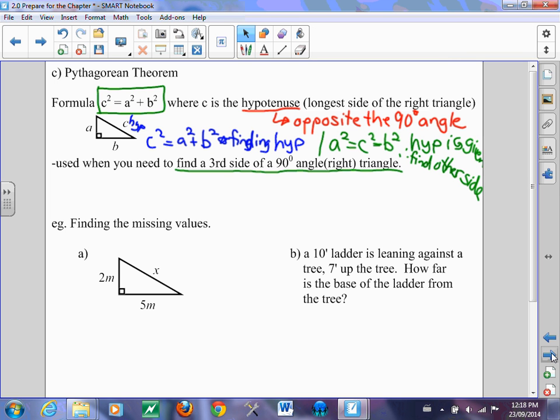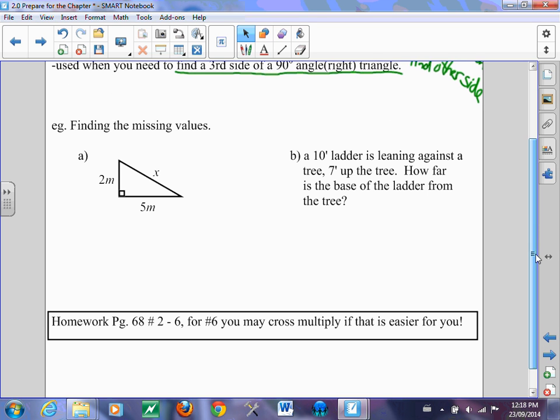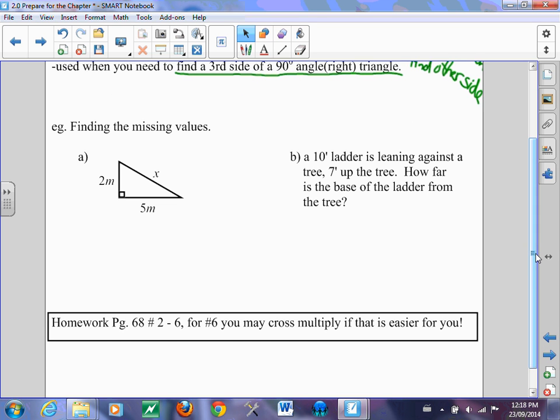Awesome. All right, let's do 2 examples, see how we can use this formula, and then we're off to doing our homework already. So example says find the missing values. So for A, we got to find x. Taking a look at x, ladies and gentlemen, is x the hypotenuse? Yes, it is. So you're going to go x squared equals the sum of the other 2 sides squared. So 2 squared plus 5 squared. Now, this is grade 10, folks. I don't need to see the initial formula.